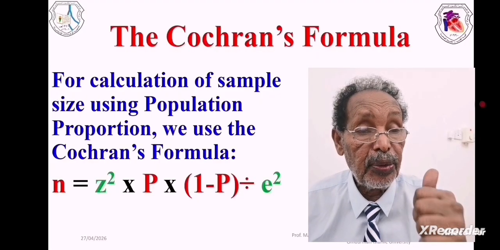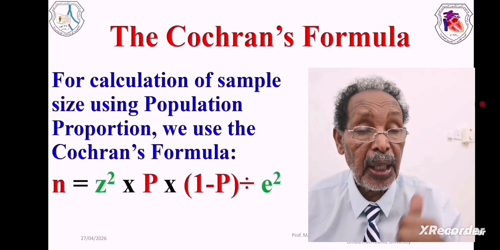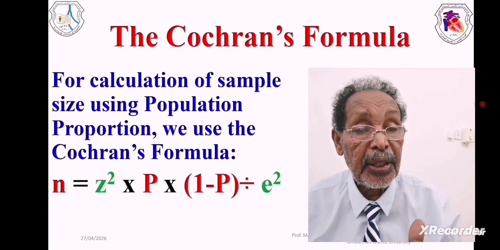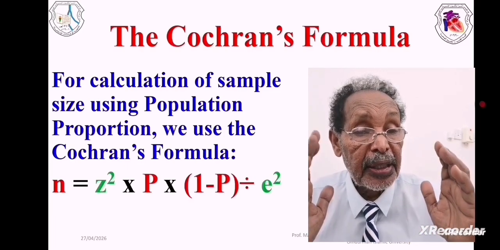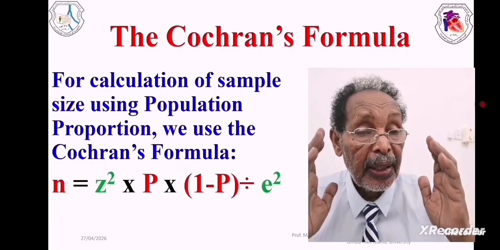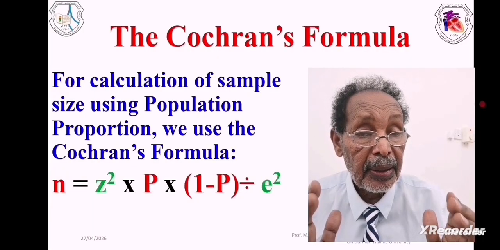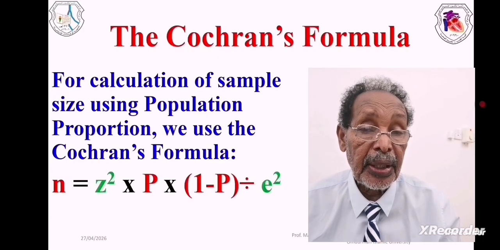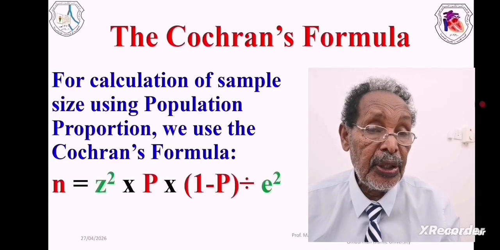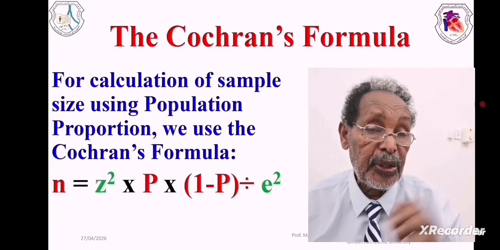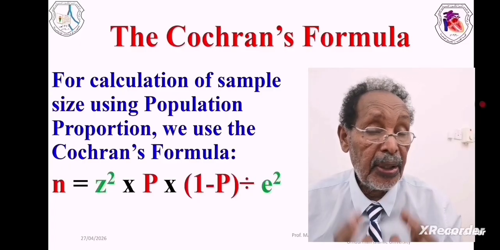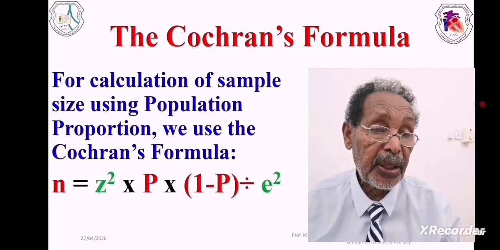And in the last video, I talked a lot about the Z square, and I said for a confidence level of 95%, the critical value of the Z value is 1.96. This is fixed for 95% confidence.